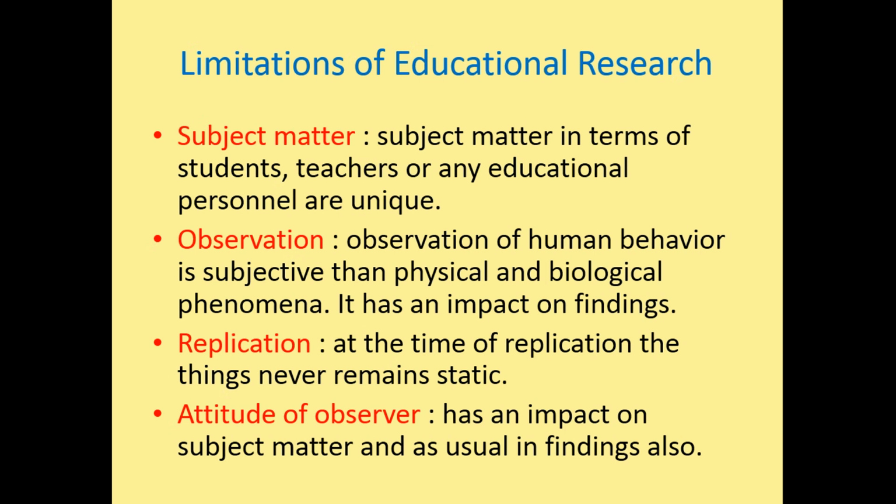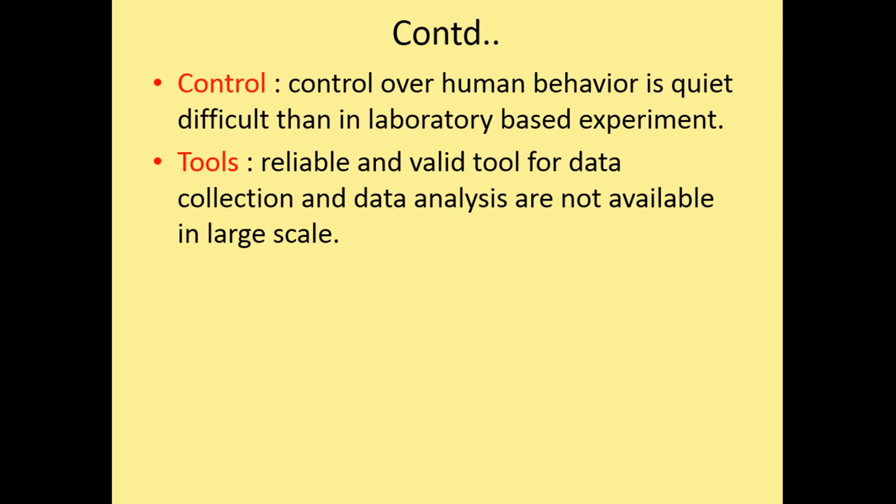It has an impact on subject matter and also on findings. Attitude of observer should not be biased anyhow. Next is control. Control over human behavior is quite difficult than in a laboratory based experiment. Tools. A reliable and valid tool for data collection and data analysis are not available on a large scale.